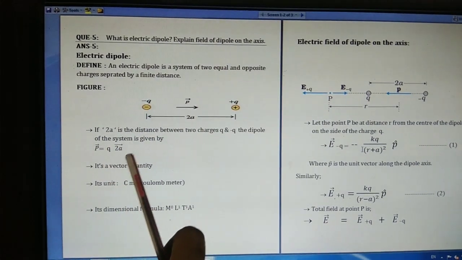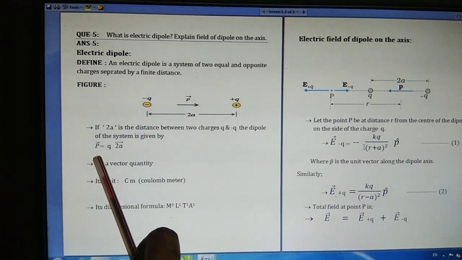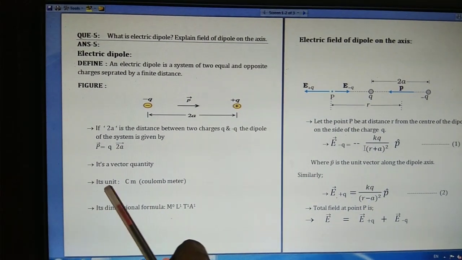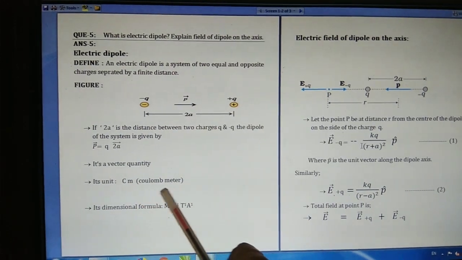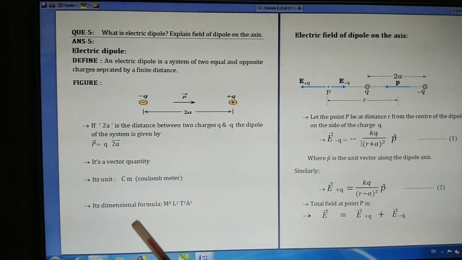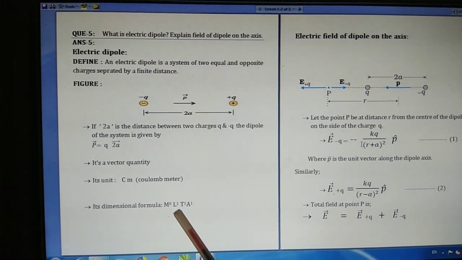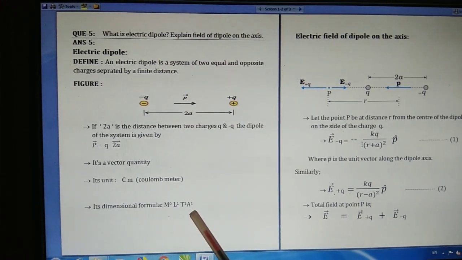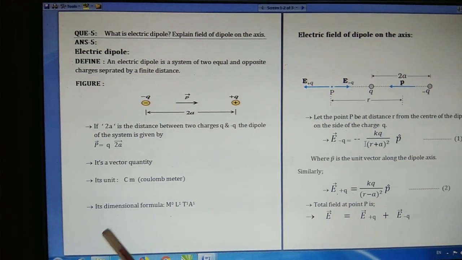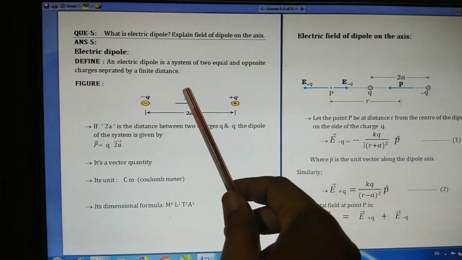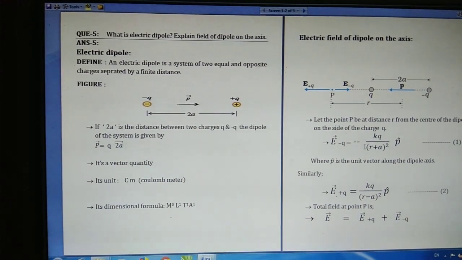This product is called the dipole moment. Dipole moment is a vector quantity and its unit is coulomb meter. Its dimension is M0 L1 T1 A1. So dear students, this is your electric dipole system and electric dipole moment.